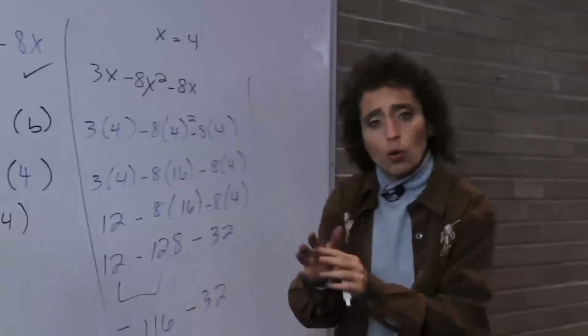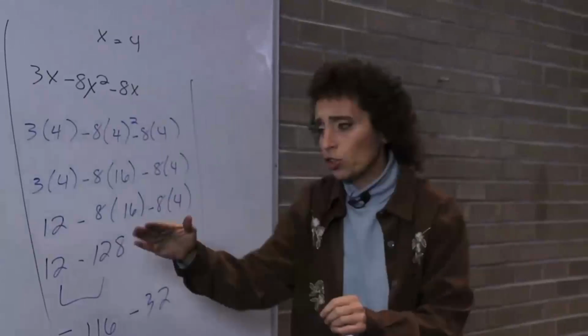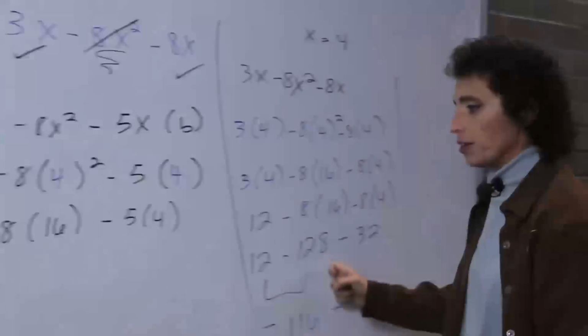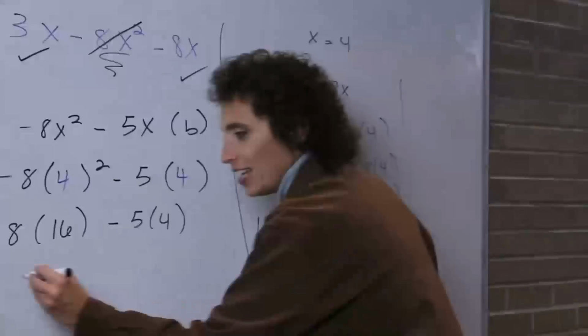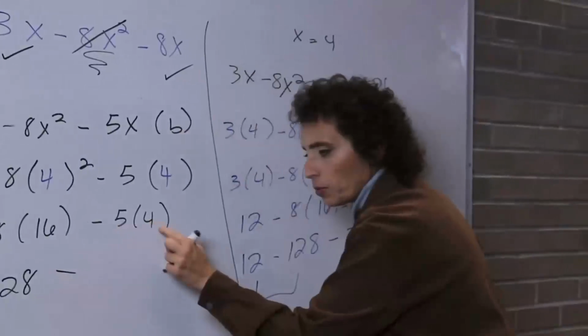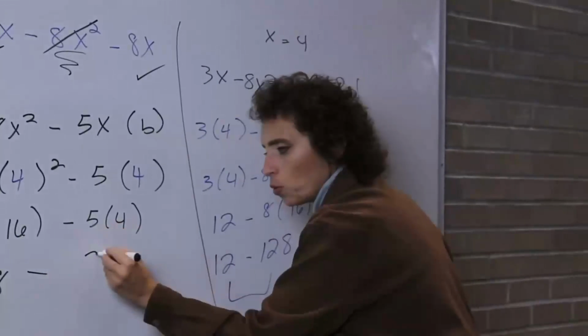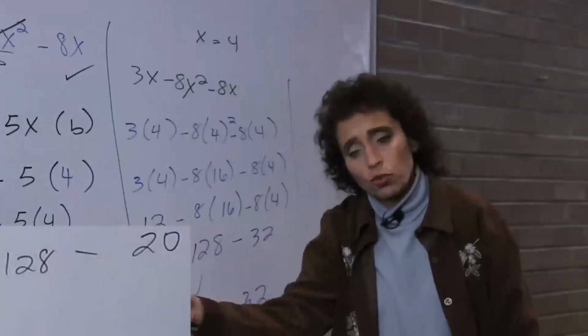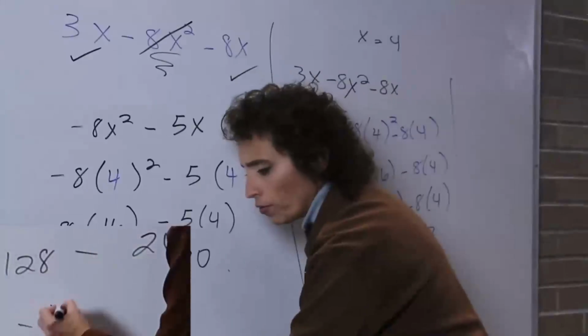Okay, now order of operations tells me I have to multiply left to right. So negative 8 times 16, I'm cheating, it's right there. Negative 8 times 16 is negative 128. A negative times a positive is a negative. 5 times 4 is 20. I owe you 128. I owe you 20. So I owe you 148.